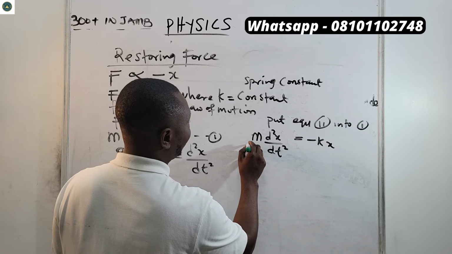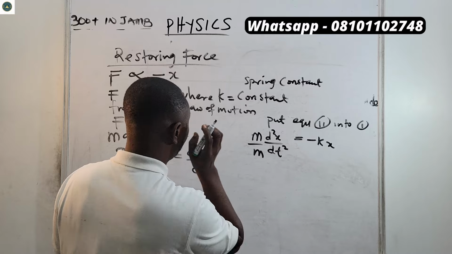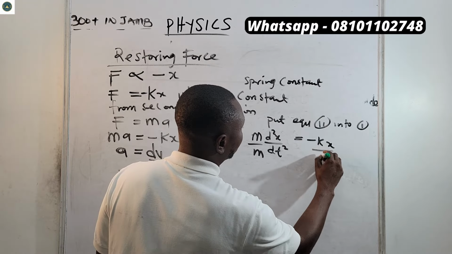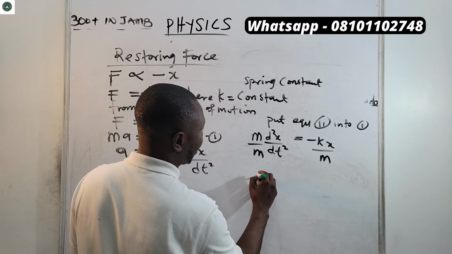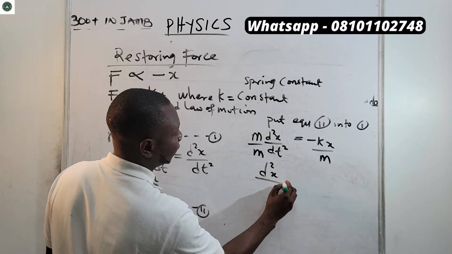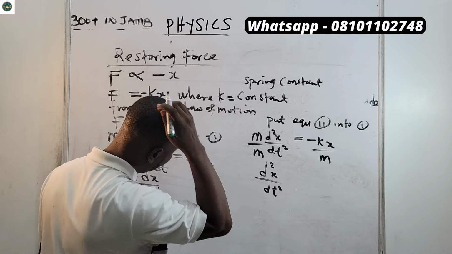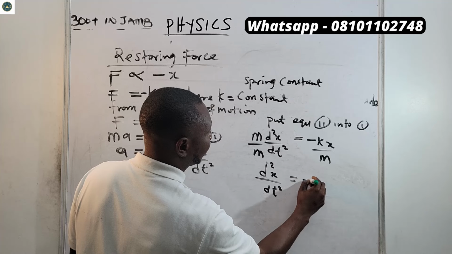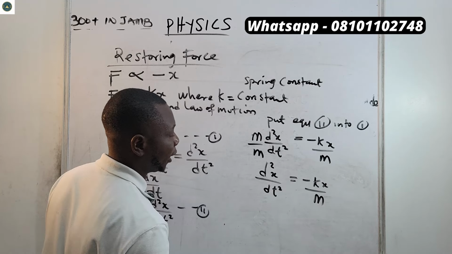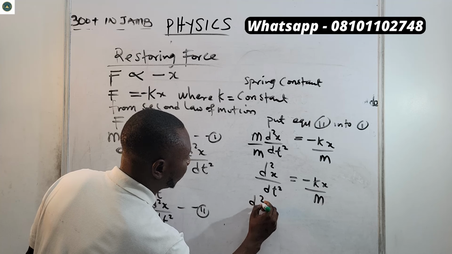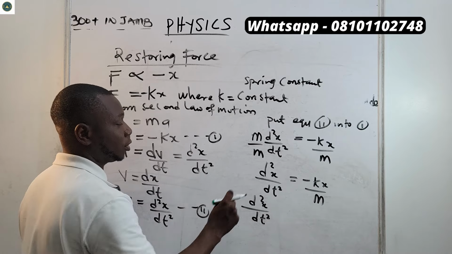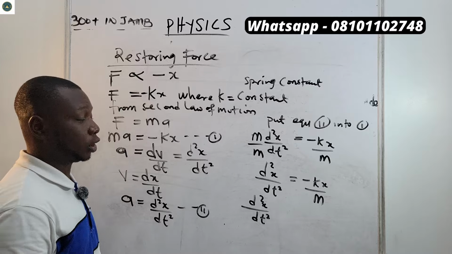So we have M, which is the mass, over M. So we now have d squared x over dt squared equals minus kx over M. This minus, if it's crossing the equality sign, changes to plus.